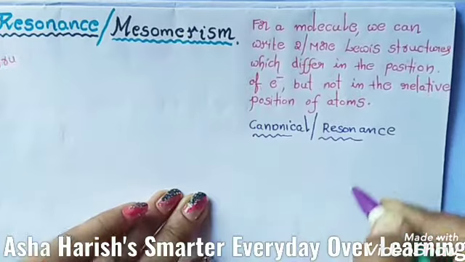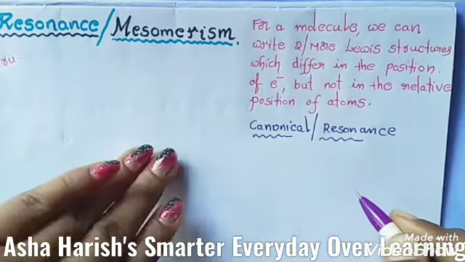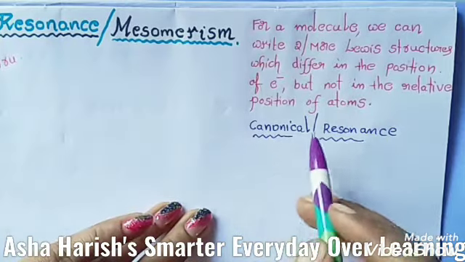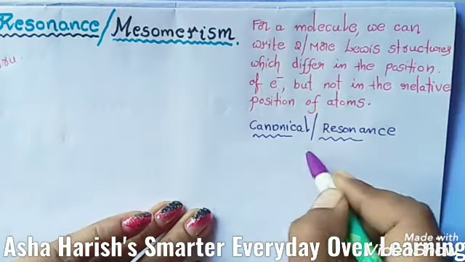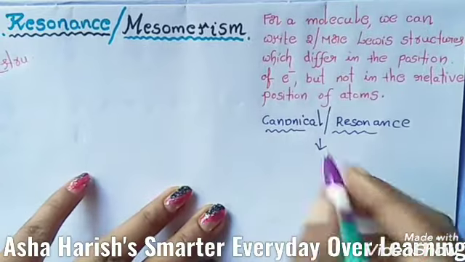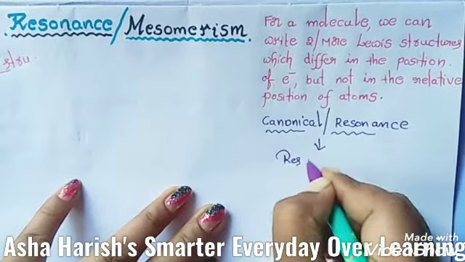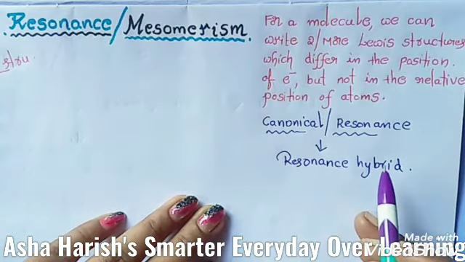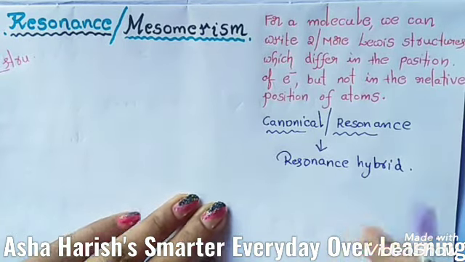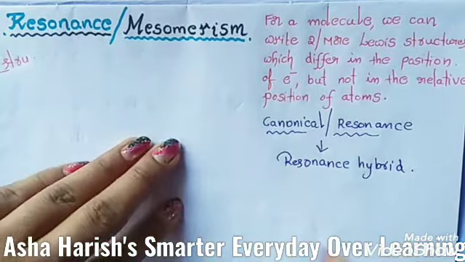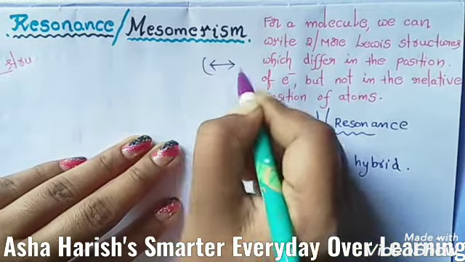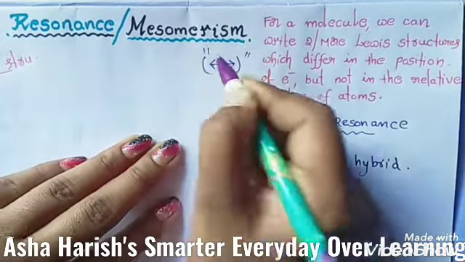Students, the actual structure of the molecule is not represented by any of the resonance structures but is a resonance hybrid. Here is another word you are going to have, resonance hybrid. The various resonance structures are separated by a double-headed arrow, just like this.